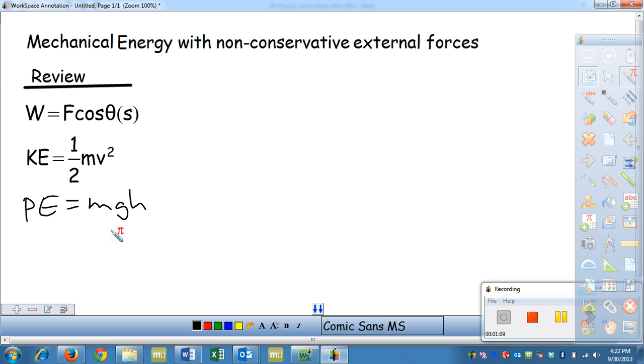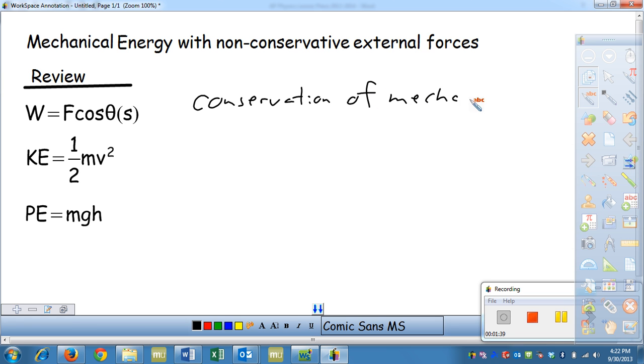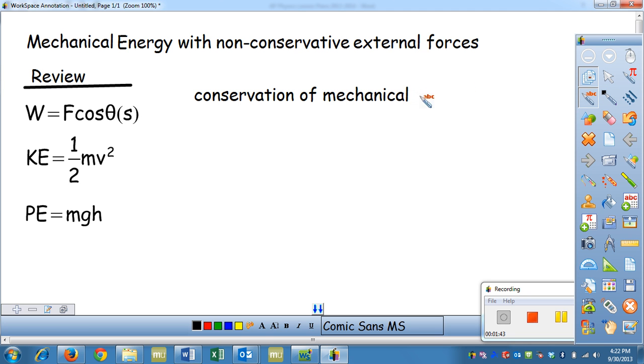We also learned that when there is no external non-conservative force, we have a conservation of mechanical energy. Okay, let me put this up here. Conservation of mechanical energy.